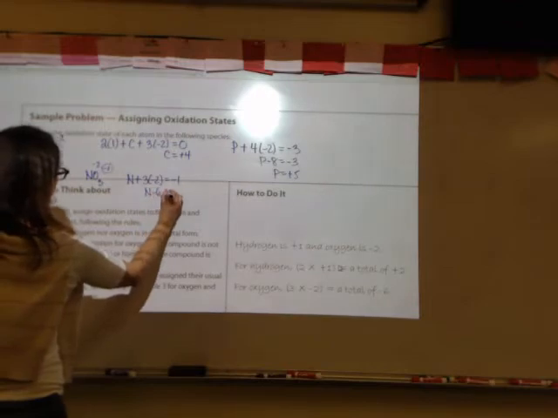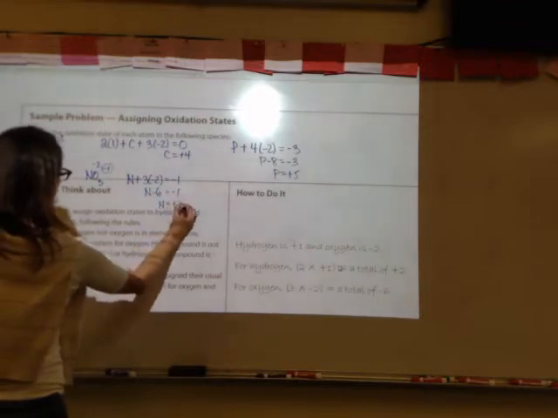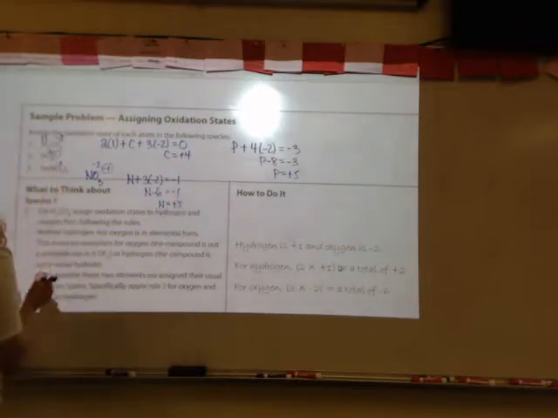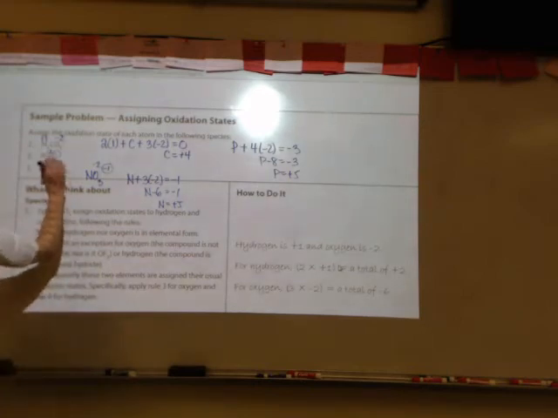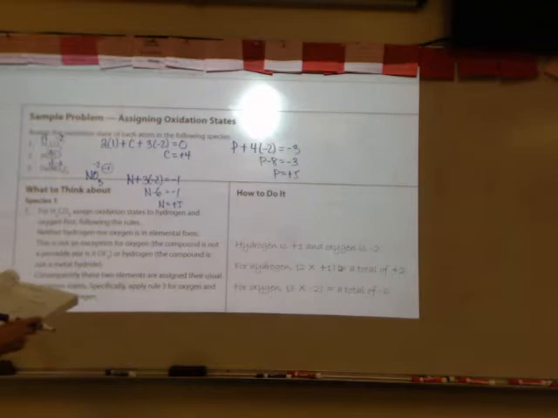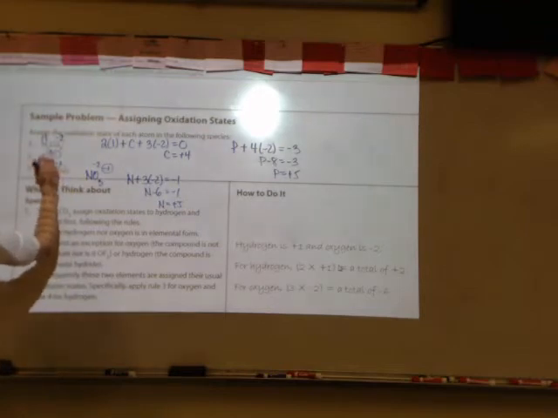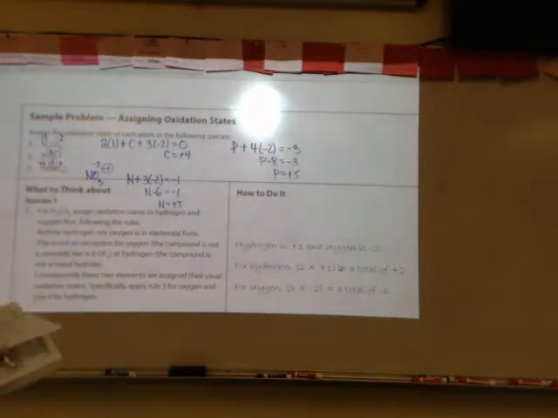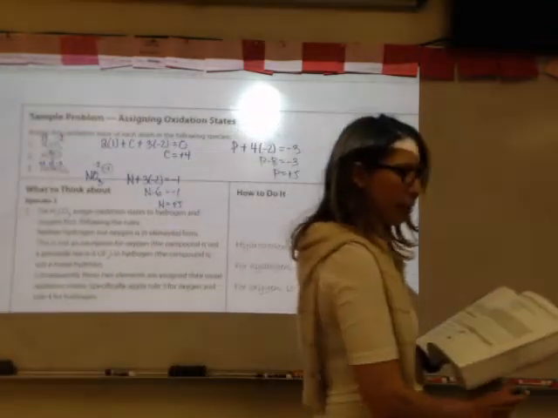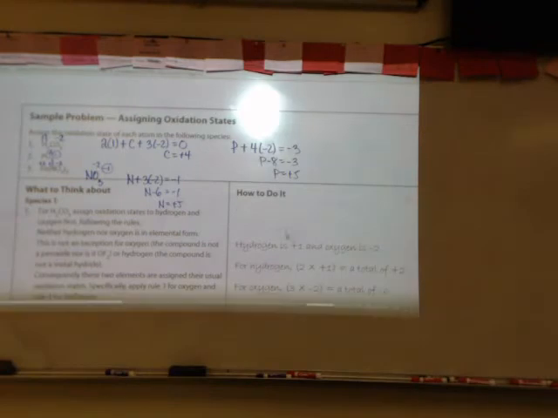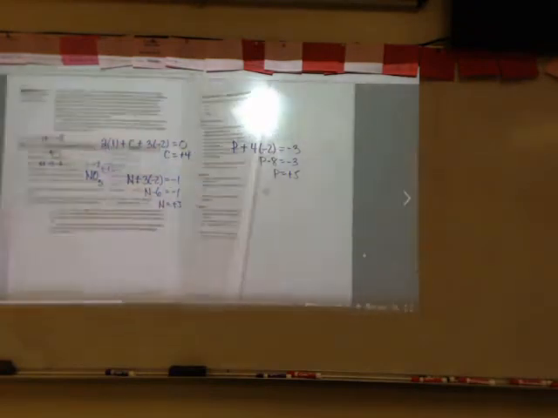So N minus 6 is -1, N is a +5. Okay, now if I have 2 nitrates at a -1 charge, that means that my oxidation number on Fe has to be a +2. Let's take a look at the practice problems on the next page.